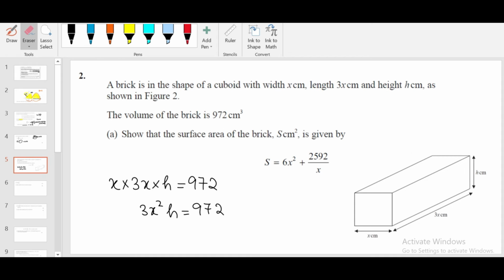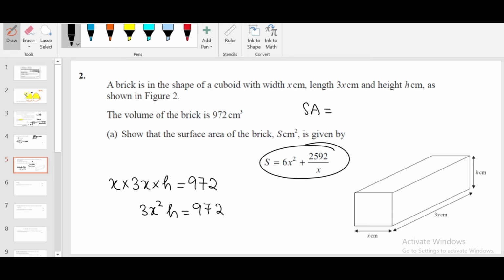Okay. Now part A says show that the surface area is this. Let's talk about the surface area of the cuboid. The actual surface area of the cuboid is the sum of the area of all 6 faces. So you have a face in front here. The area is x times height, and you will have a similar face behind also here.